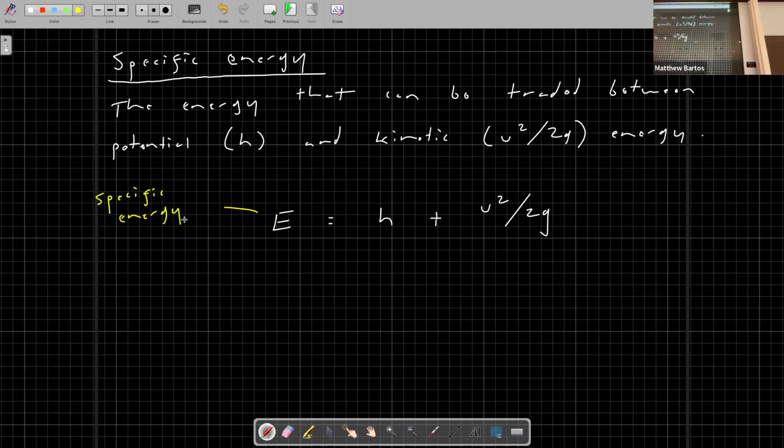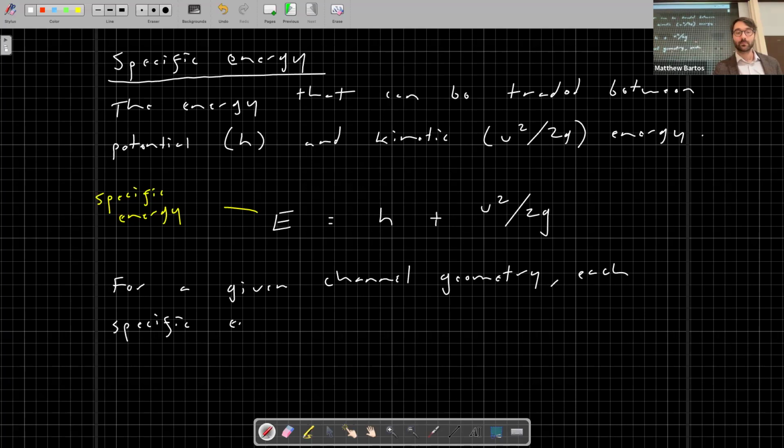So the water, as it moves, may adjust the amount of energy that's in the potential component versus the kinetic component. So for a given channel geometry, each specific energy curve corresponds to a constant discharge.